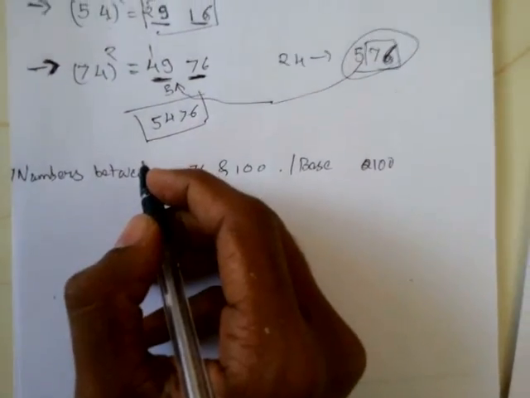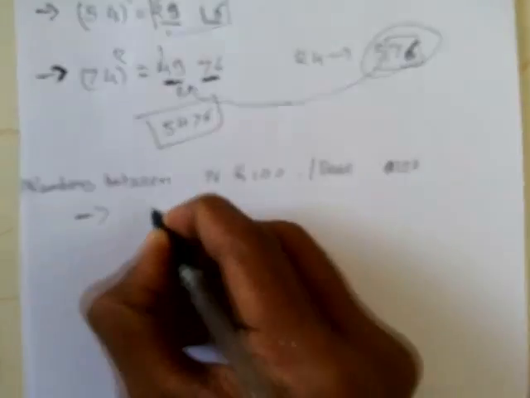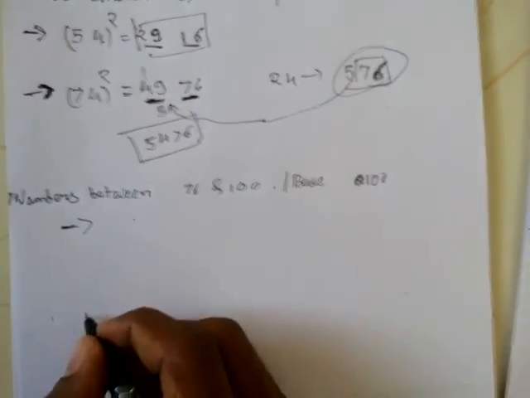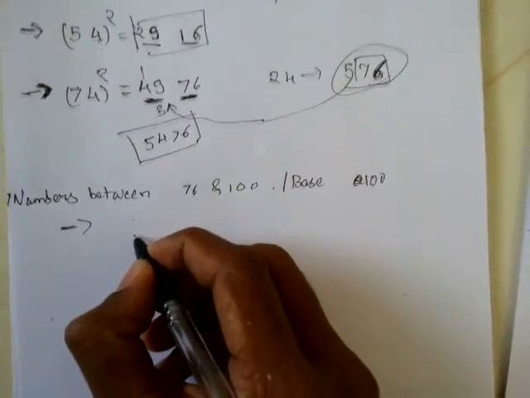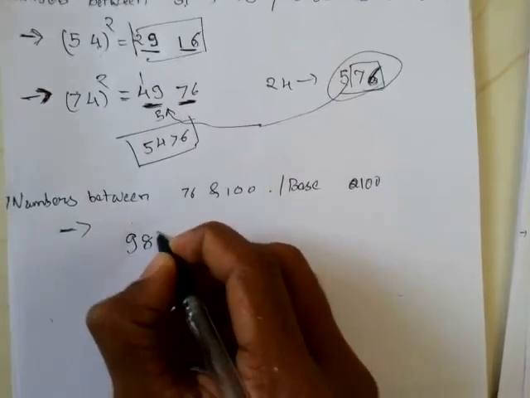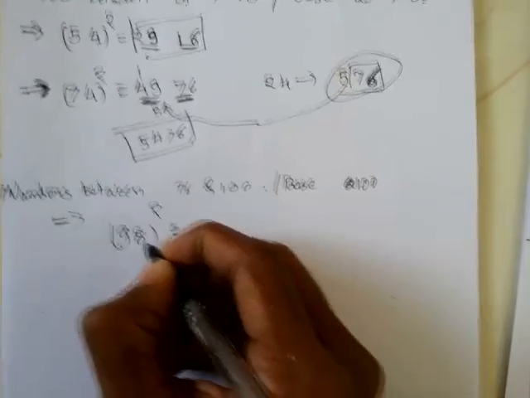Now let's move to our third category, that is the numbers between 76 and 100. Let's take a very simple example and a difficult example. It's also very easy. Let's find out the square of 98.